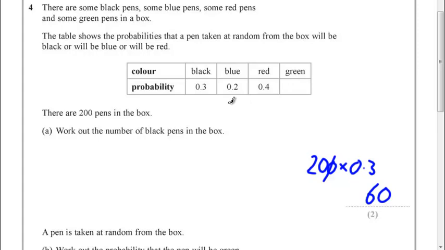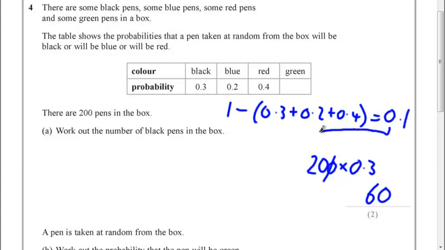Well, the total is certainty. So we have to take away all the rest. And that is 0.3, 0.2, that's 0.5, and 0.4 is 0.9. 1 minus 0.9, 0.1.